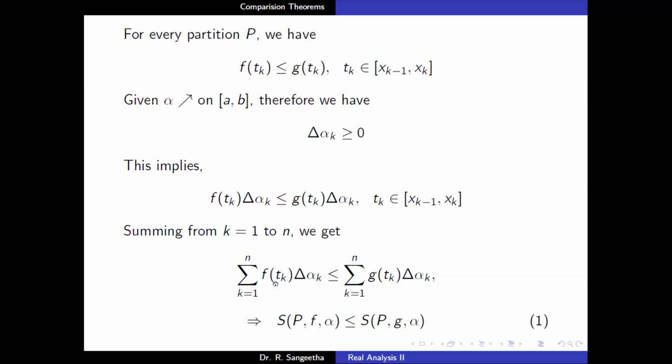On the other side, instead of f of tk we are having g of tk, so this is the Riemann-Stieltjes sum of the function g with respect to alpha, S of P, g comma alpha. So we have the inequality that S of P f alpha is less than or equal to S of P g alpha, and mark this inequality as 1.